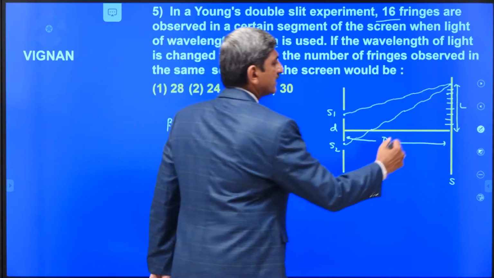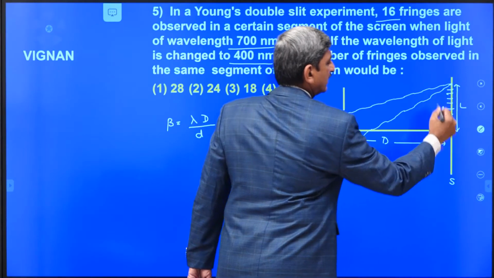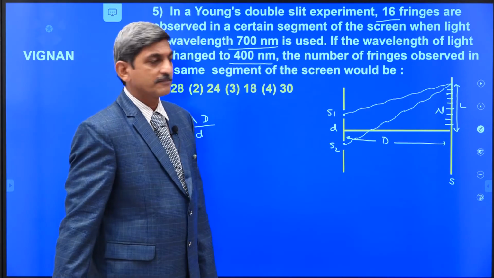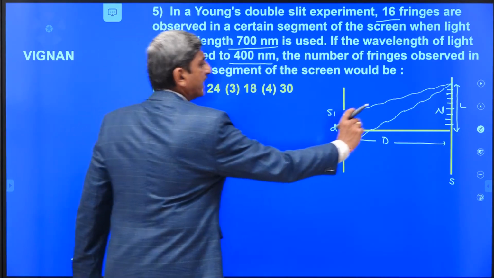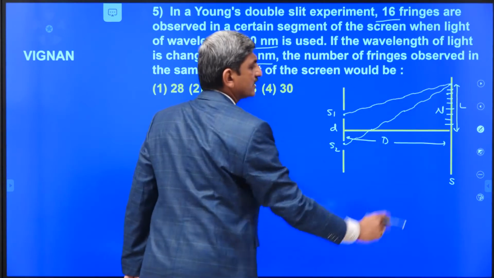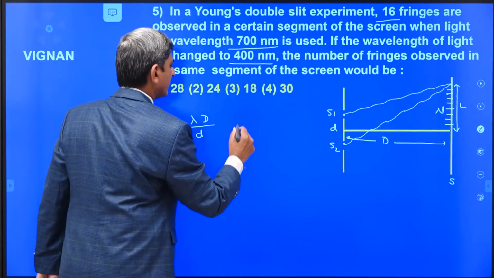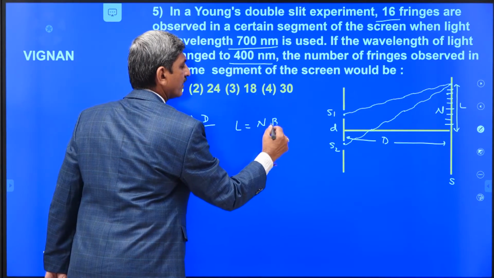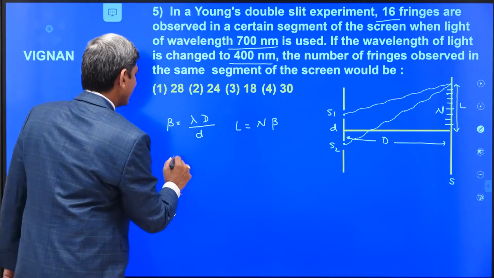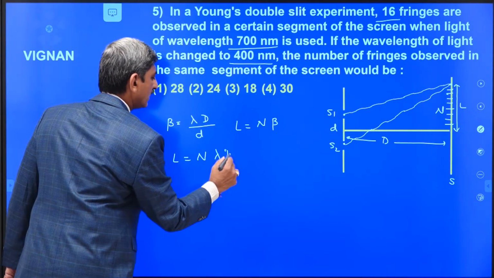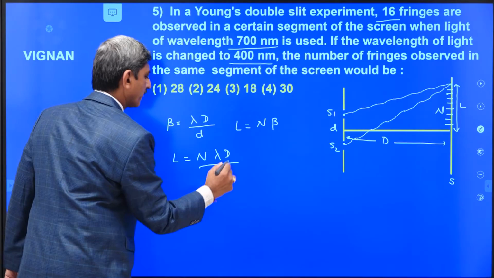Let us assume that there are n fringes in the given segment of length L. We know that for each fringe, the width is equal to beta. There are n fringes, so the length of the segment is given by L is equal to n beta, which can be written as L is equal to n times lambda D divided by d.